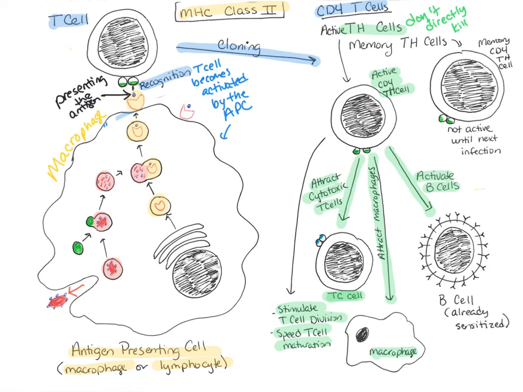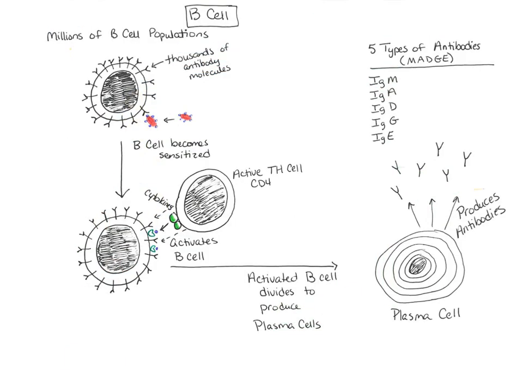So the next thing we're going to look at is B cell activation. Before the B cells can become activated, they have to be sensitized. Right? So let's look at what happens with the B cells. So here we have a B cell.